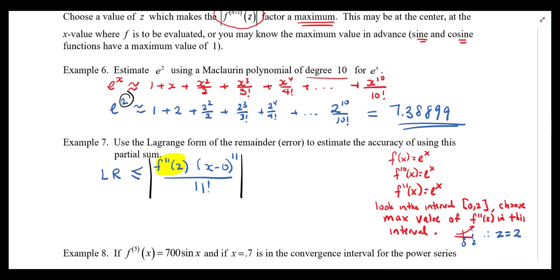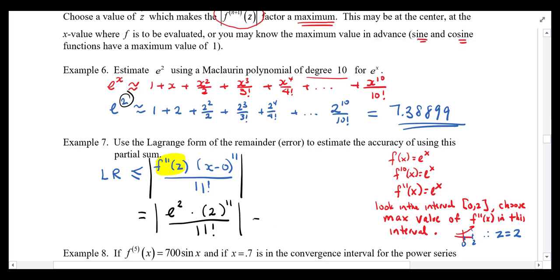So understanding that, I can now go back and evaluate this absolute value. F the 11th derivative, that's not double prime, this is the 11th derivative of z, would just be evaluated at z equals 2. We know our x value was 2, so this is 2 minus 0 to the power 11, all over 11 factorial. And this is my error.